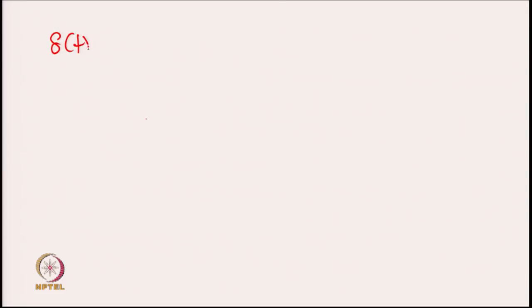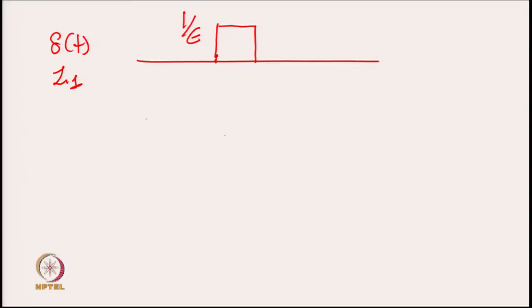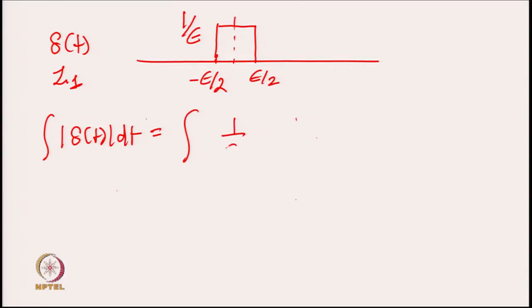If we are talking about delta t, this is interesting. Let us check whether it is L1. Let us first define delta t. Let me assume that delta t takes a value 1 by epsilon between minus epsilon by 2 and epsilon by 2, where epsilon is a very small number. If I am interested in the integration of mod of delta t dt, I get 1 by epsilon dt, it runs from minus epsilon by 2 to plus epsilon by 2 and you get 1.